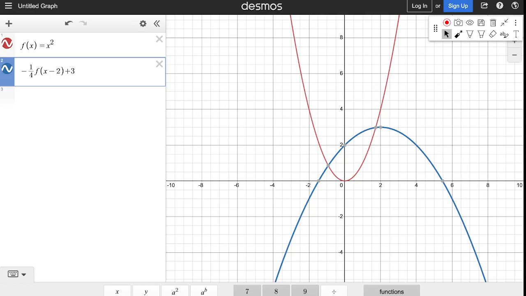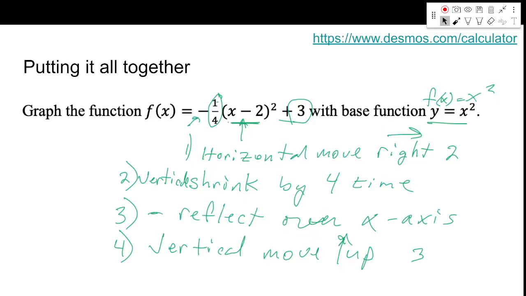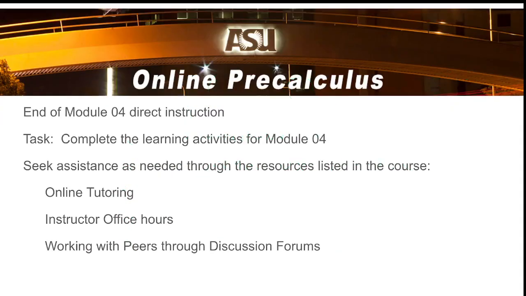Excellent. Back to here. So that puts all the movements together. We have taken a look at transformations in Module 4. Remember, horizontal translations are caused by stuff being done inside the function.